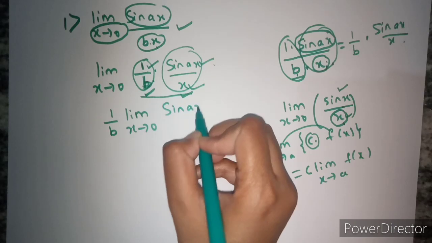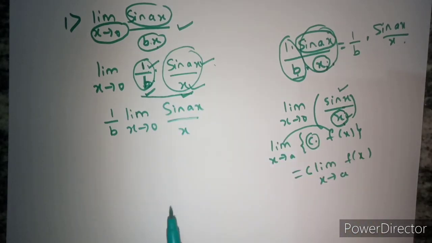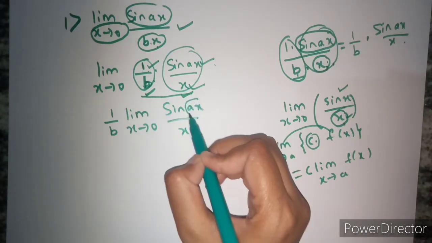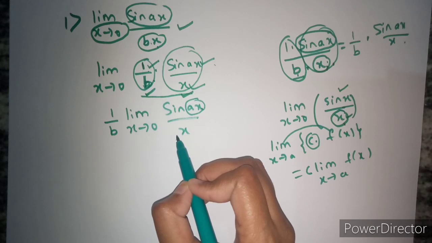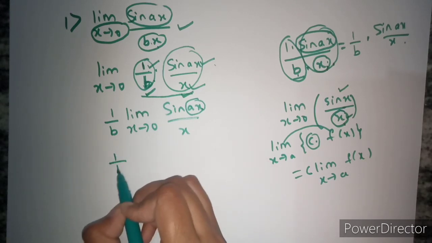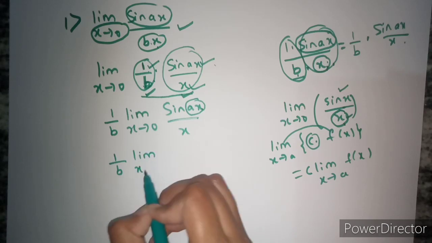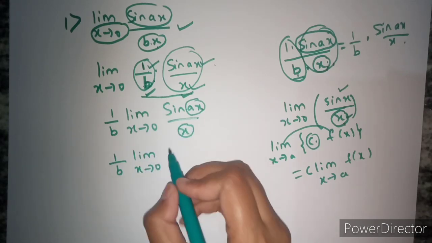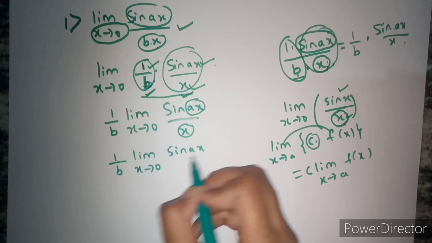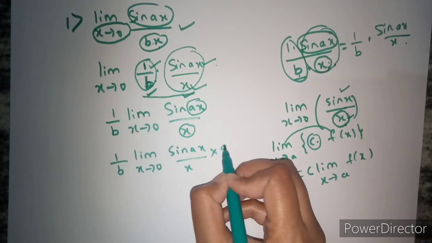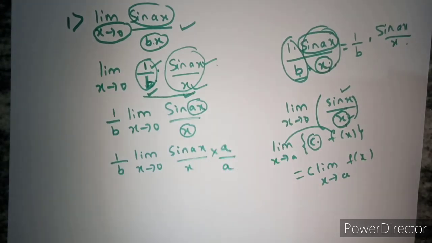Sin ax by x. So what is the second condition? The angle should be same, right? Here we have ax. In denominator also we should have ax, right? So what I am doing here is, here we need ax, right? So I am multiplying and dividing by a, okay?